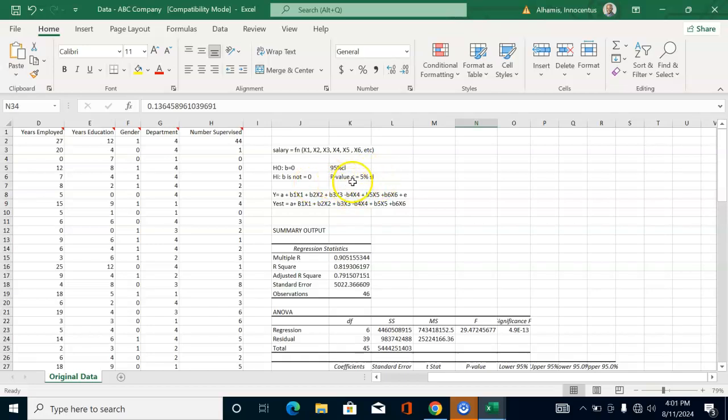If the probability value is greater than 0.05, then we will fail to reject the null hypothesis, and the null hypothesis says that the slope is almost 0. And that's why any probability value that is greater than 5% states that the slope or the coefficient, whatever value we have, is not different from 0.